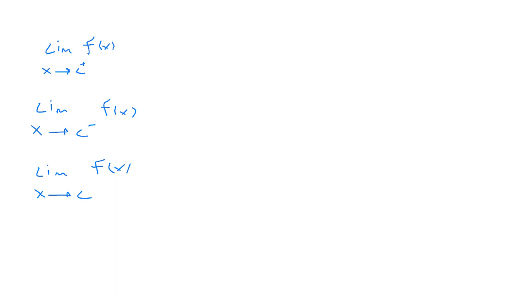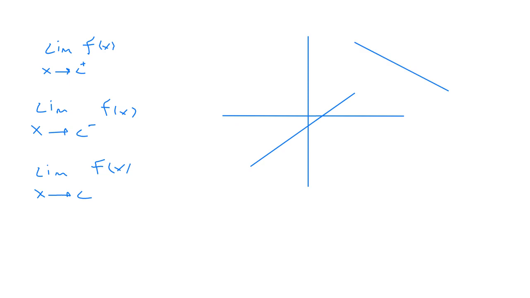So let's take an example to solidify that. Say we've got this graph, something like this. This is a roughly generic picture of the kind of stuff that we've seen. Let's say c is this number, and this point's open, and this point's open.